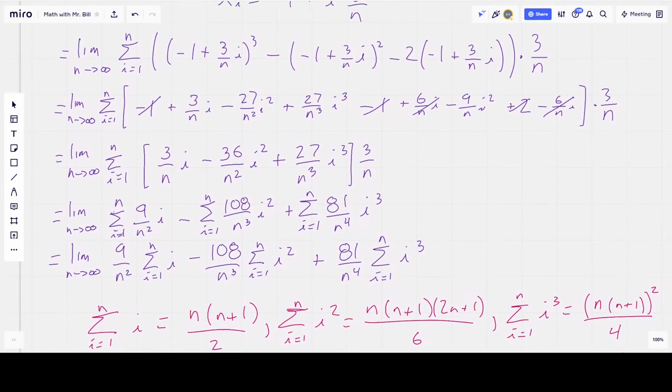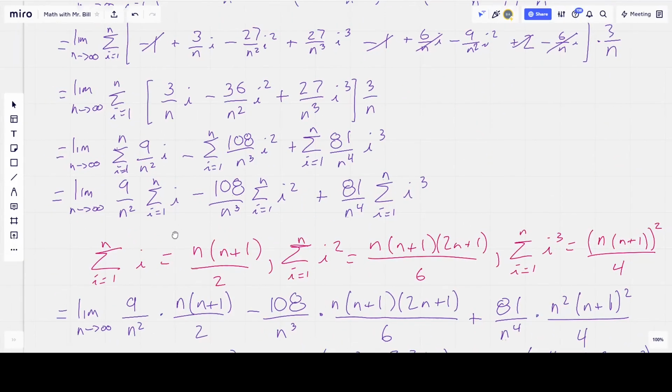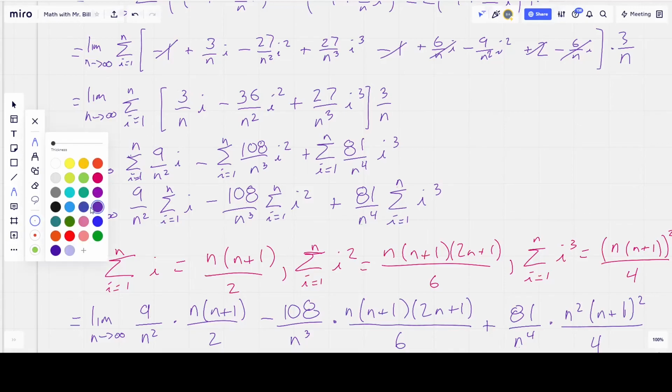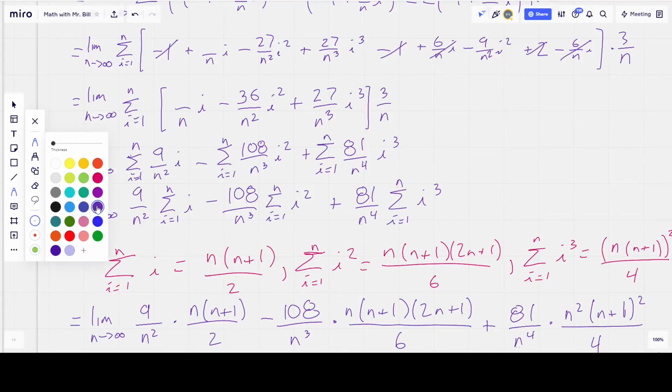So let's see here. Okay, so I had made a mistake. It's a rather small one, and we can push it back through the problem fairly quickly. So this 3 over n right here should have been a 9 over n. So I'm going to make that fix there, and then we'll go on.